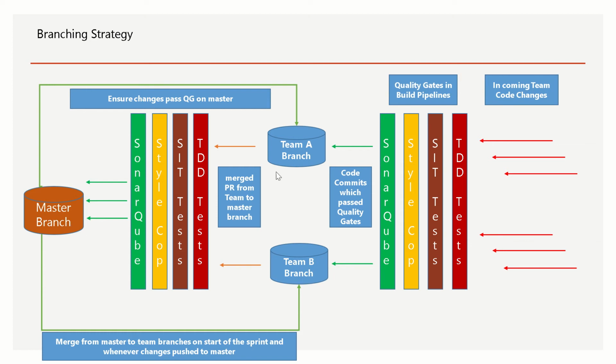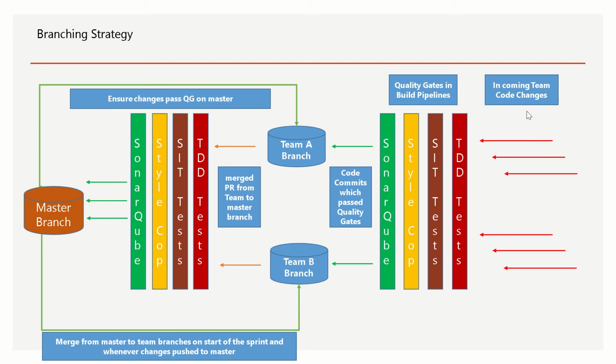Now the two teams have their own branches. These two teams will work in parallel and start development on these branches. So let me go from right to left and explain how this branching strategy will benefit us.